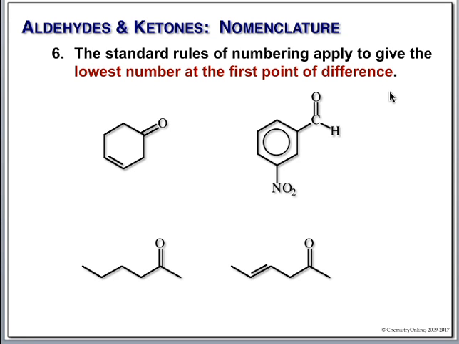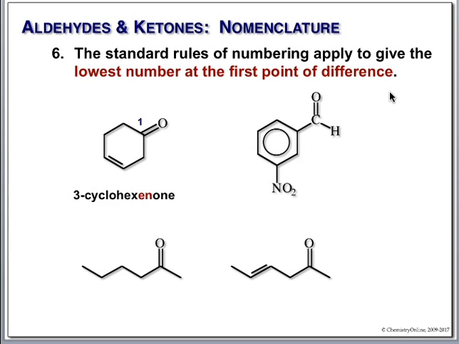As we look at these, our first one here, we have a cyclohexene, and we have a ketone up here. We're going to let carbon 1 be our ketone because it is a higher priority substituent. That means that our double bond here is going to be 3,4. So on carbon 3, we have a double bond.